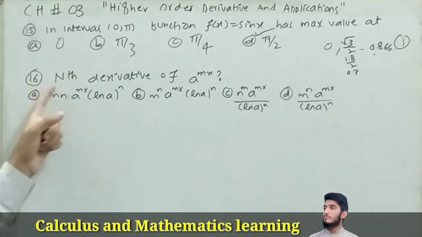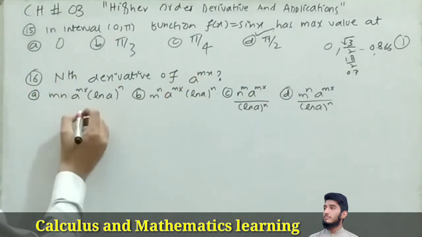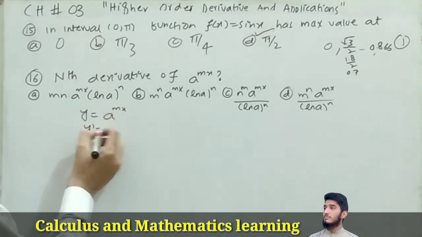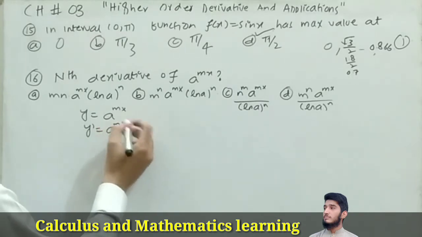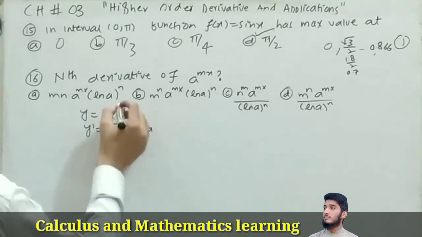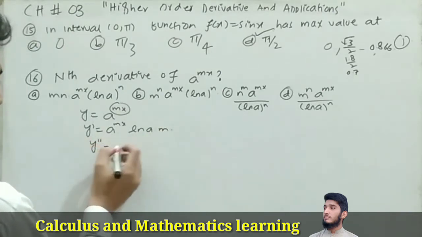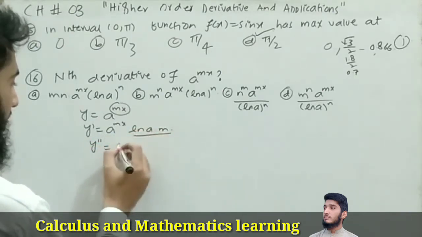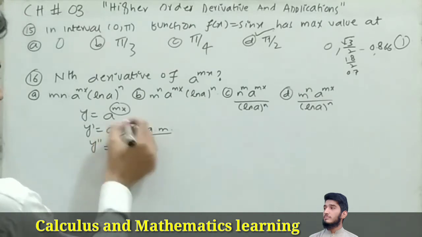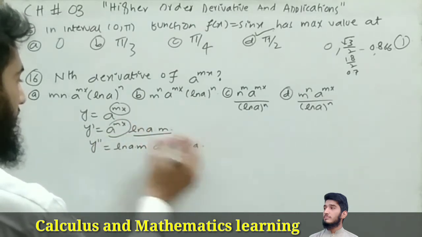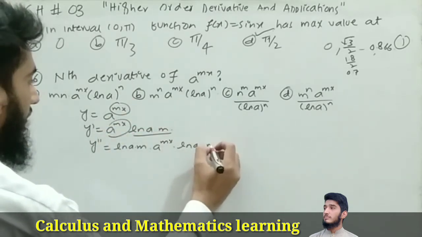MCQ 16: the nth derivative of a power mx. Let's suppose this is equal to a function y, a power mx. The first derivative will be a power mx into ln of a, and the derivative of the inner function will be m. For the second derivative, ln a times m is a constant, and the derivative of a power mx will again be a power mx into ln of a, and the derivative of the inner function will be m.